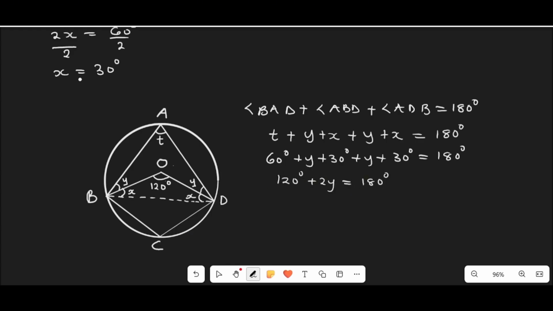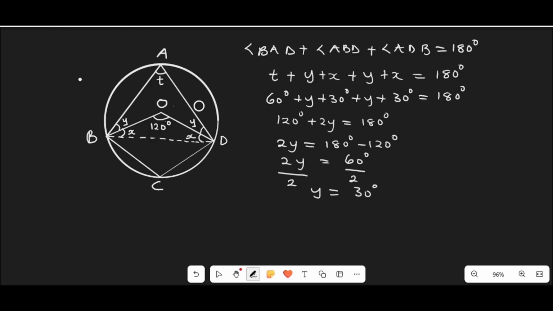So 2y equals 180 degrees minus 120 degrees, which is 60 degrees. Divide both sides by 2 to get the value of y: y equals 30 degrees.